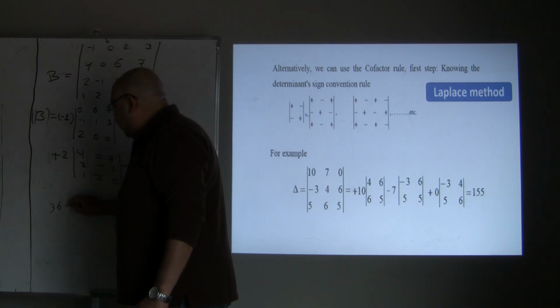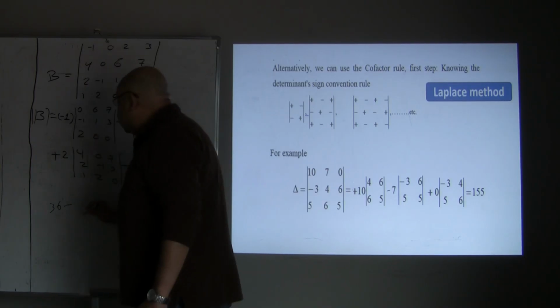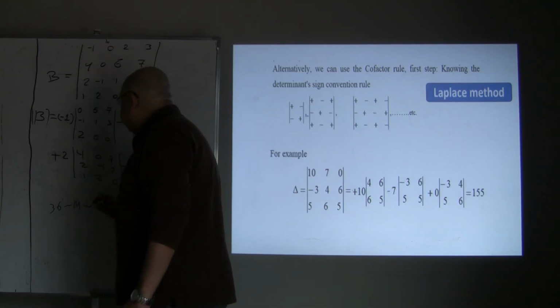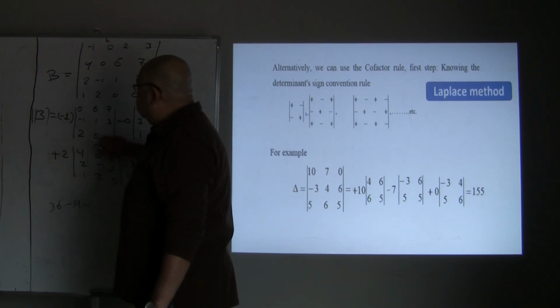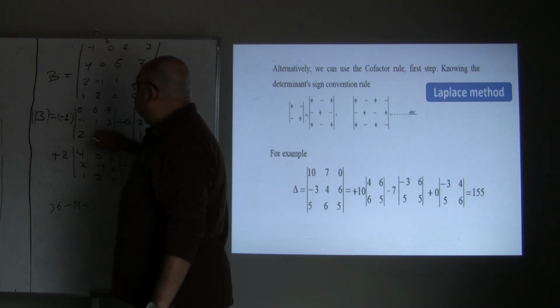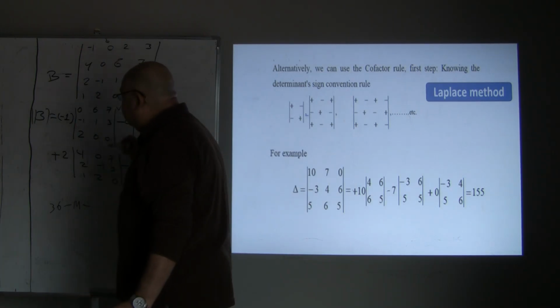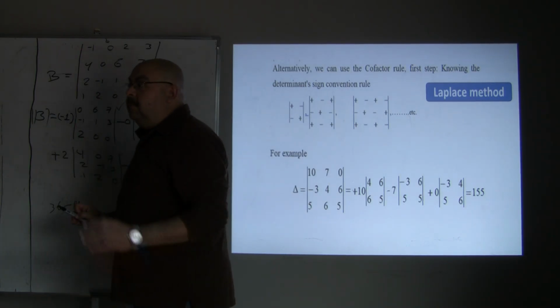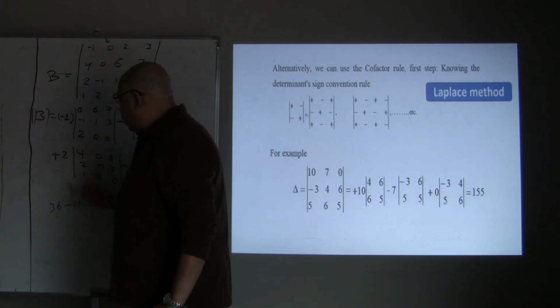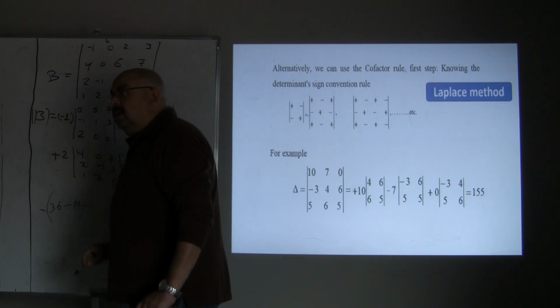Then minus 7 times 1 times 2, which is 14, minus 3 times 0 times 0, which is 0. 6 times negative 1 times 0 is 0. I've evaluated this determinant very quickly. But don't forget that the sign in front of all of these numbers is negative 1.